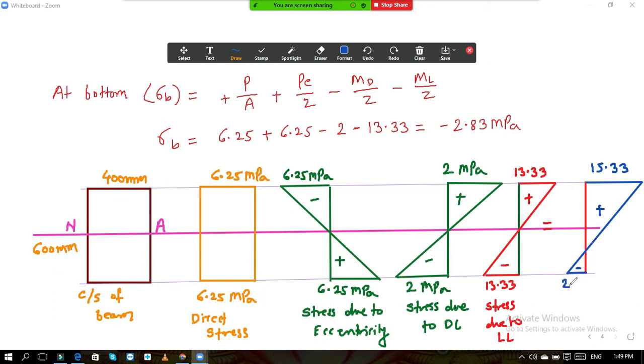And minus, it is 2.83 Newton per mm square, and you can call this as resultant stress distribution diagram.